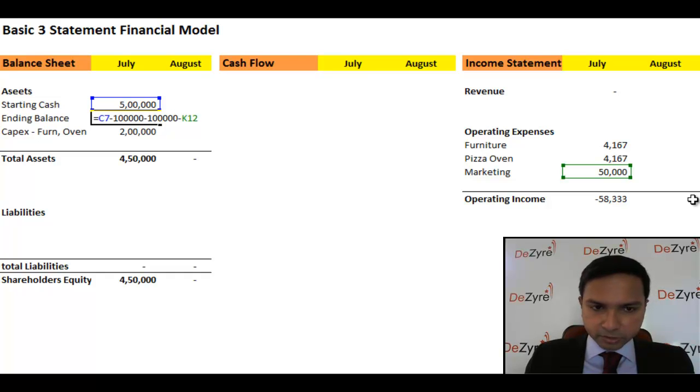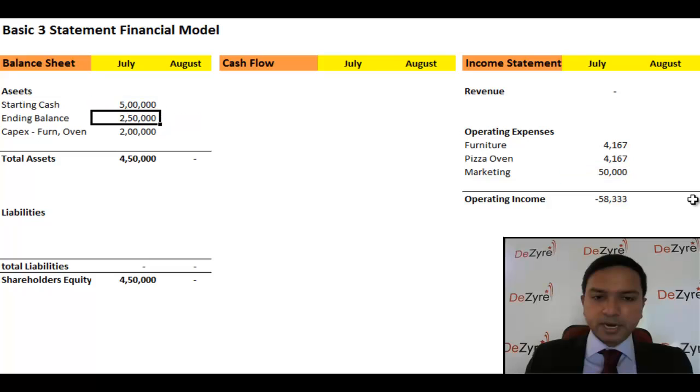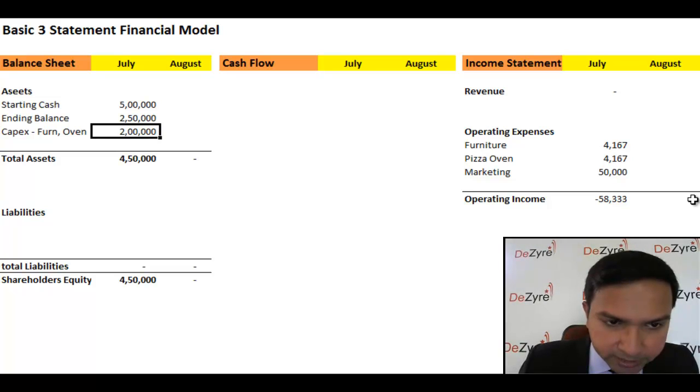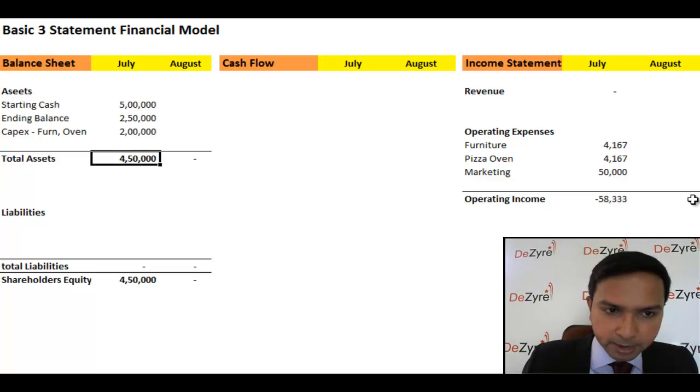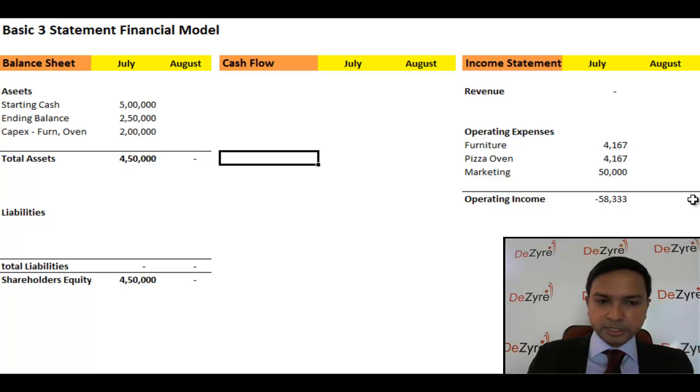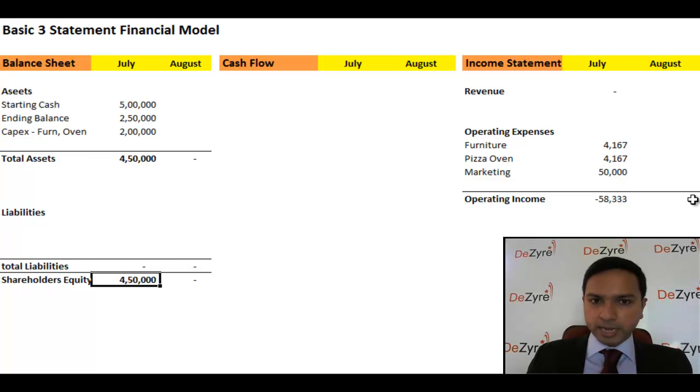That's your ending balance. This is the capitalized value of your oven and your furniture. That's 2 lakhs. So your total assets is nothing but your ending cash balance plus your capital expenditure. That's 4,50,000. Okay. And since obviously there's no liabilities, your net shareholders' equity is the same amount as your total assets.